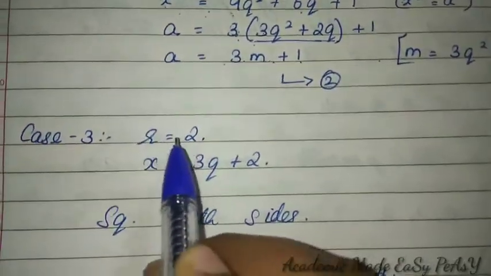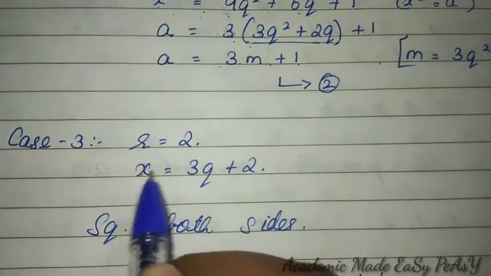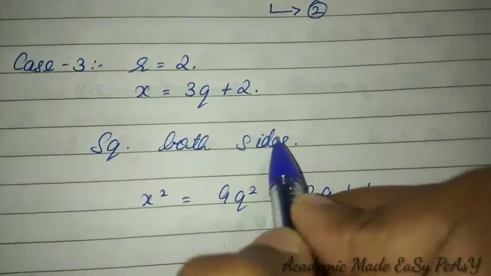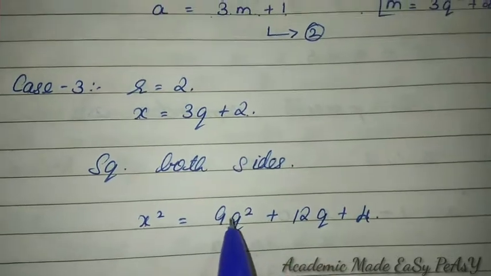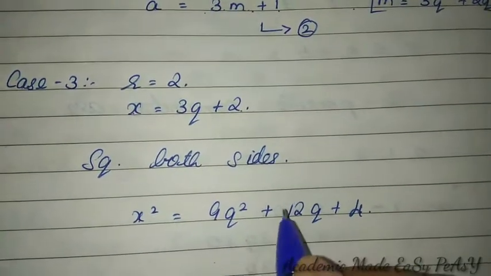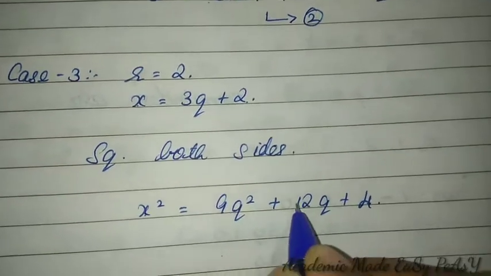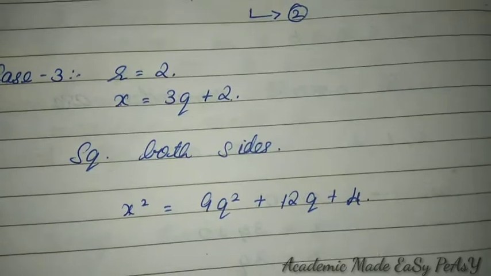Case 3 is r is equal to 2. So in the standard form x is equal to 3q plus 2, and we square on both the sides, and after squaring we'll have x square is equal to 9q square plus 12q plus 4. So these two are in terms of 3, and this one is not in terms of 3 and not in any form.